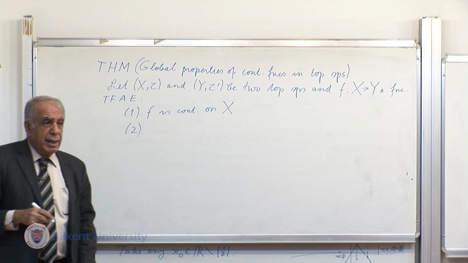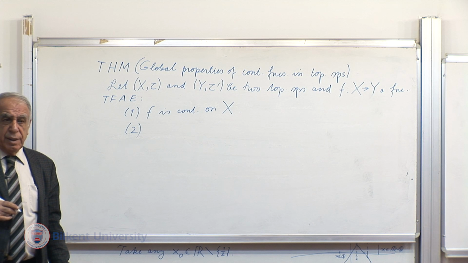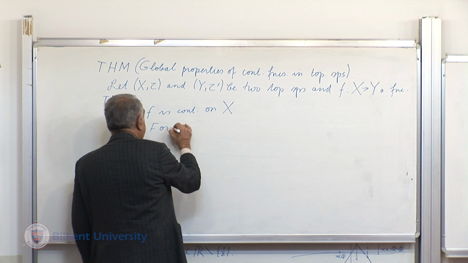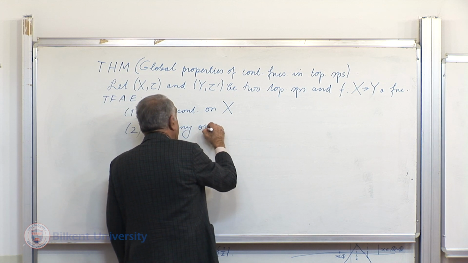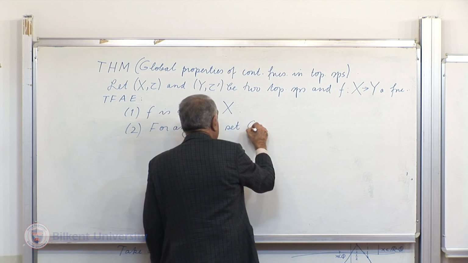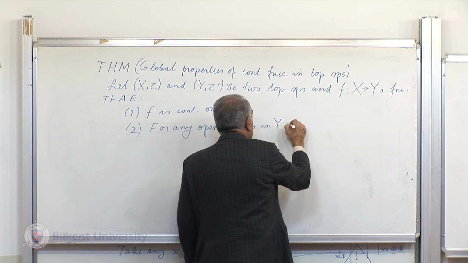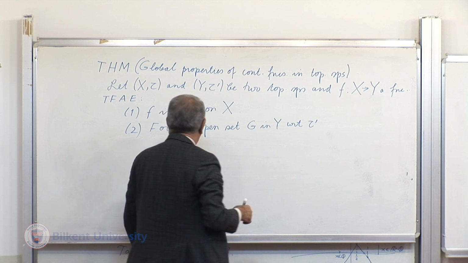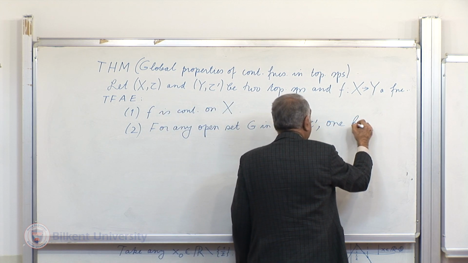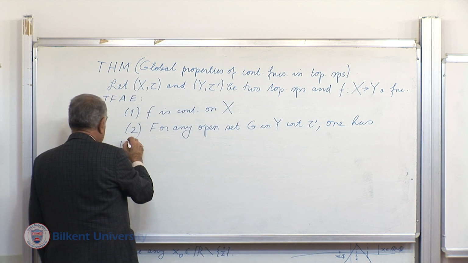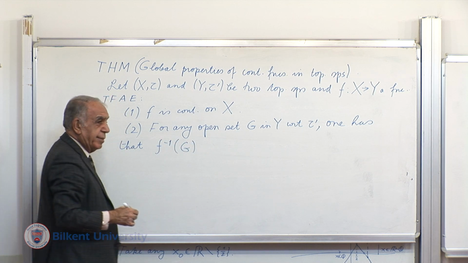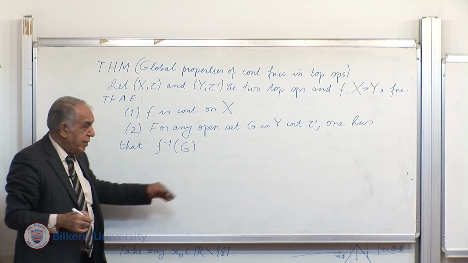What's 2? What's that equivalent to? It will turn out this is equivalent to, for any open set G in Y with respect to tau prime, of course, in Y the topology is tau prime, one has that f inverse G is open in X with respect to tau. Let me remind you of the definition of this.